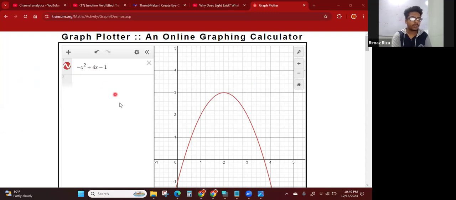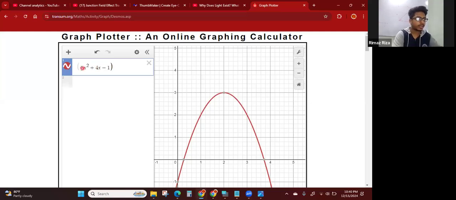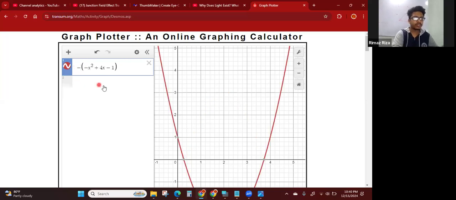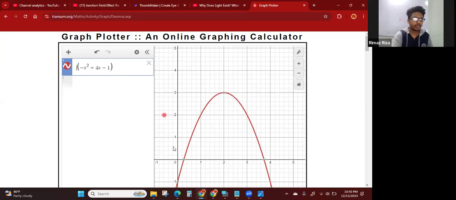Now this one I want to multiply by minus. What I do is I put a bracket here and then put minus. You can see the same graph, so minus is different and now you can see these 2 points.